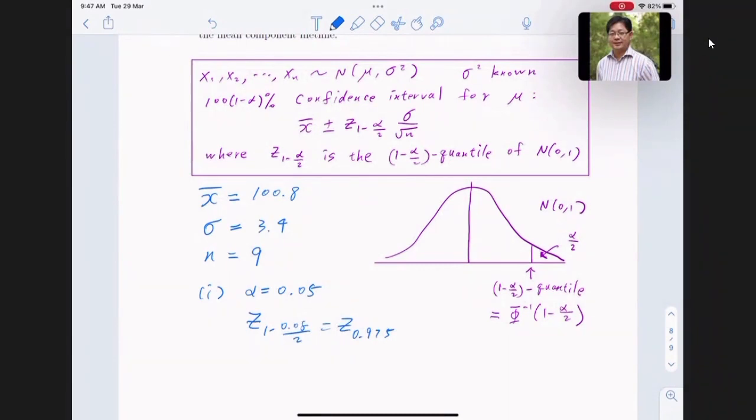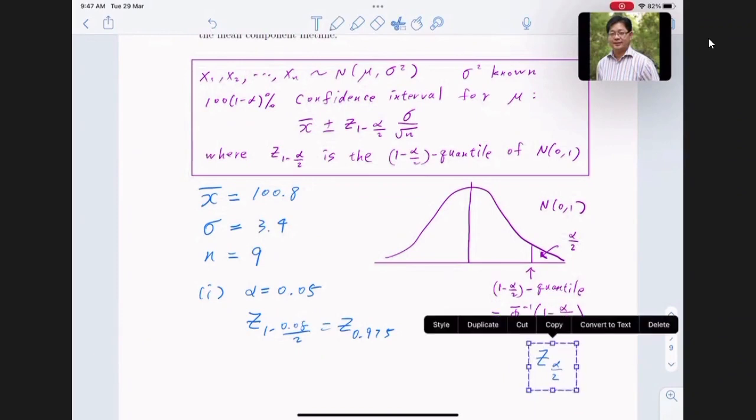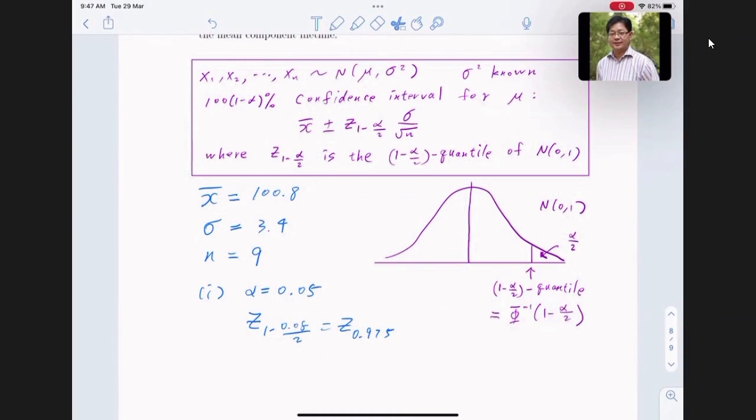Some would like to use this to denote the 0.975 quantile, which is the point under the standard normal distribution at which the area to the left-hand side is 0.975. But sometimes you'll see people use this to denote this quantity in some other reference book. I follow the lecture notes, so we use this version of the notation.